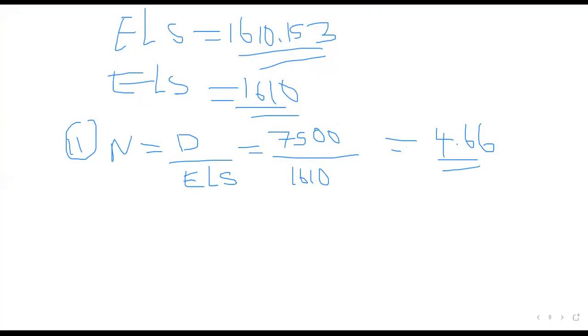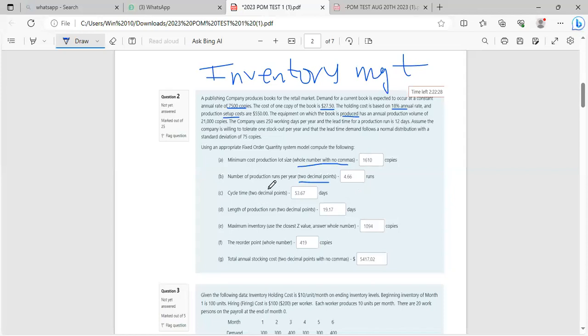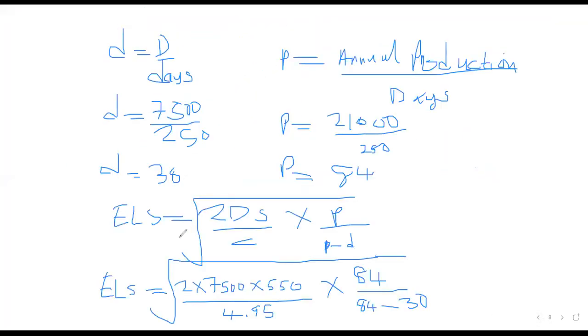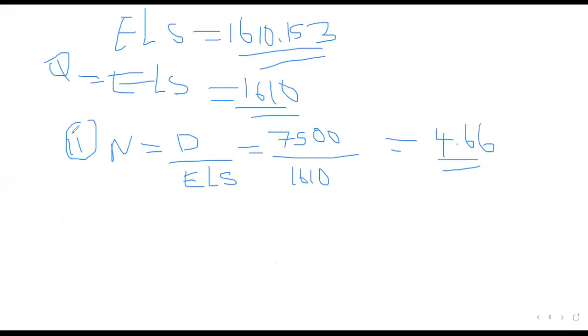So once the first one is correct, the Q is correct, meaning that every other thing down here will also be correct. So the cycle time, which is number C, we had the cycle time.